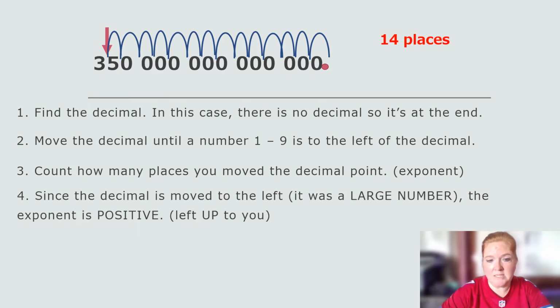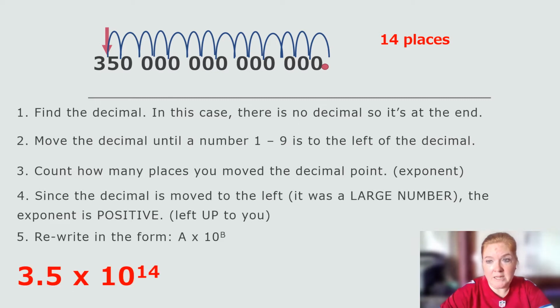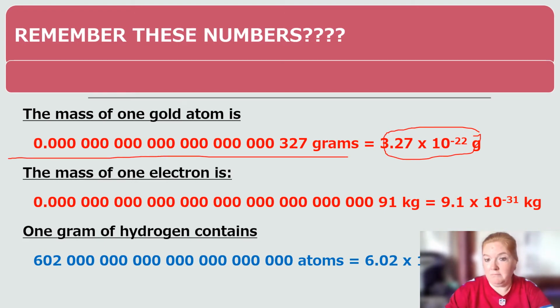Since the decimal is moved to the left, it was a big number, so the exponent is positive, left up to you. And we rewrite in that format. So we get this, okay? So remember those big numbers? Look at that. This number right here is a lot easier to say and read than this number, right?